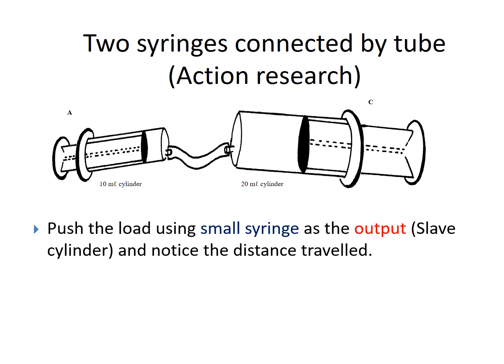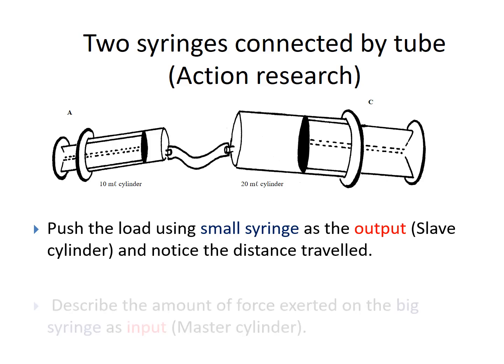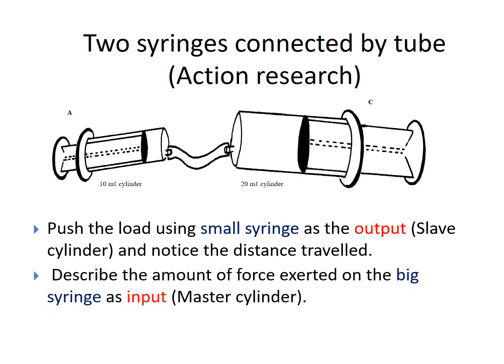As in when you press the bigger plunger, what will happen to the smaller plunger of a slave syringe, which is the output syringe. Now, we as well have got to describe the amount of force exerted on the big syringe, which is an input or master cylinder. How much force are you going to need in order to push that?